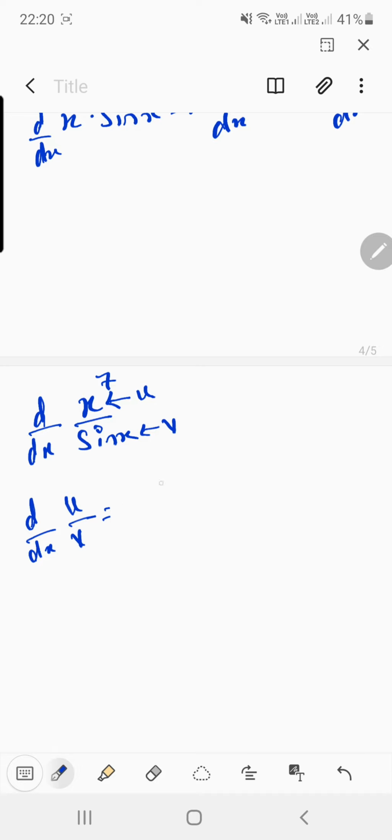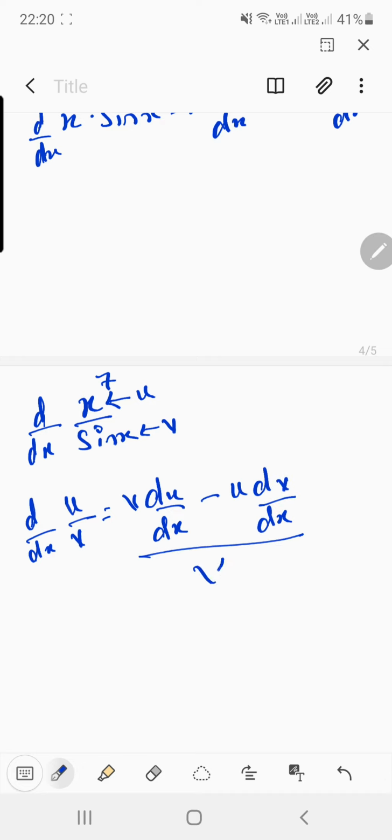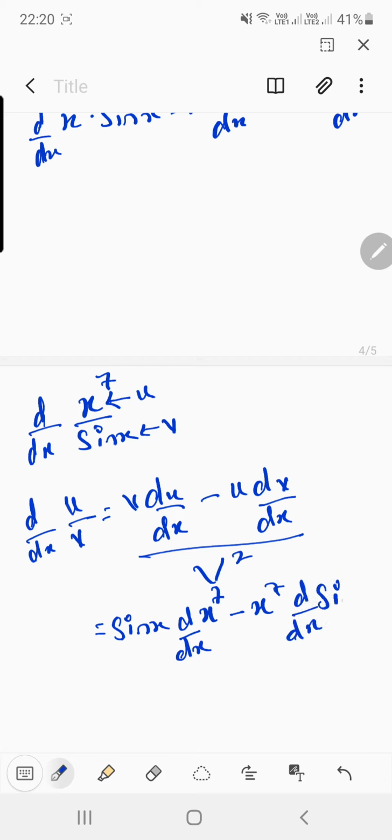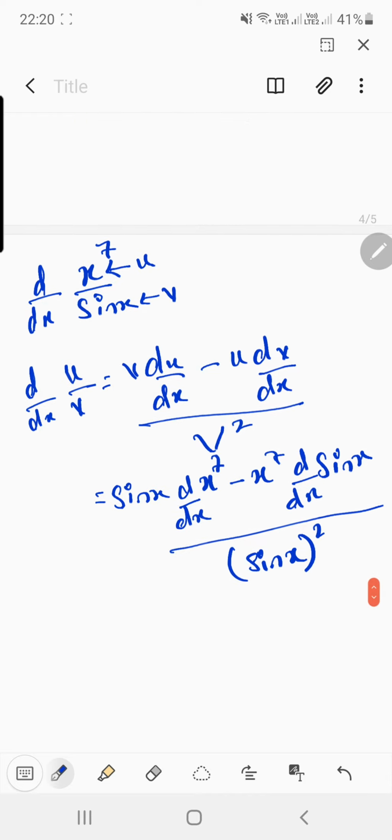Derivative with respect to x will be v du by dx minus u dv by dx upon v squared, which means the denominator stays as it is, and we take the derivative of the numerator, minus the numerator stays as it is, derivative of the denominator, upon square of the entire denominator. And then we move further about solving this particular sum, which we will do later on.